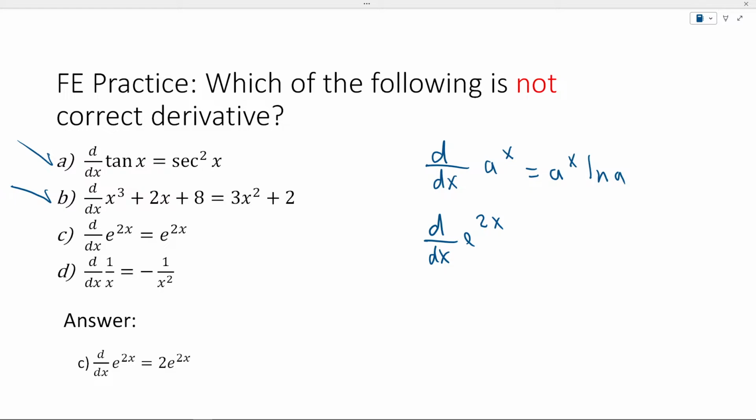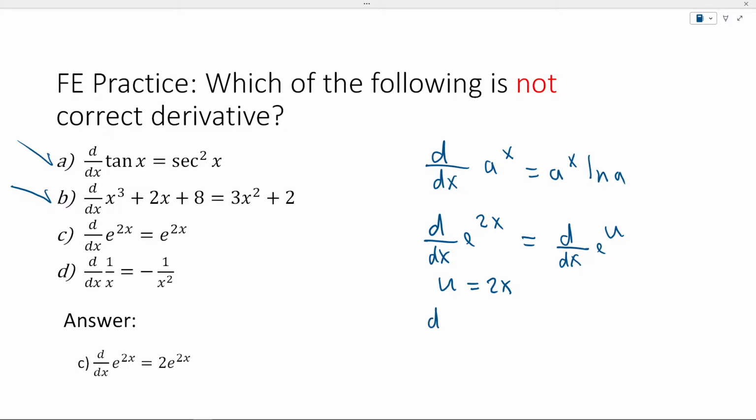I will just say u is equal to 2x. And then here, I want to find d of e to the power u. But I'm not asking you what is du with respect to dx.